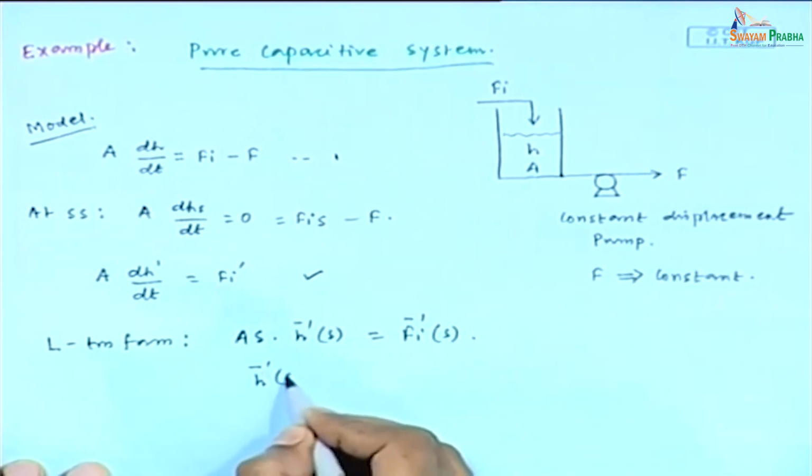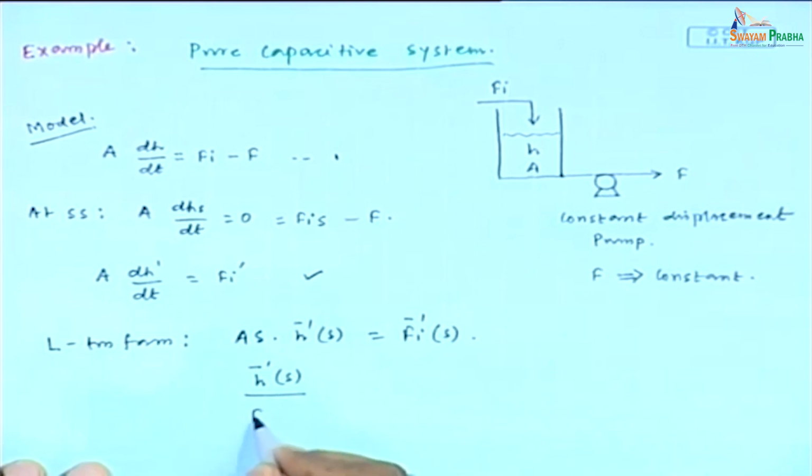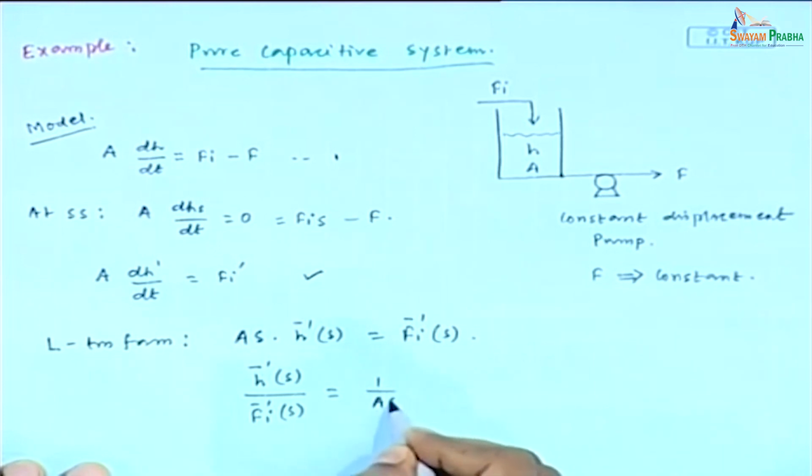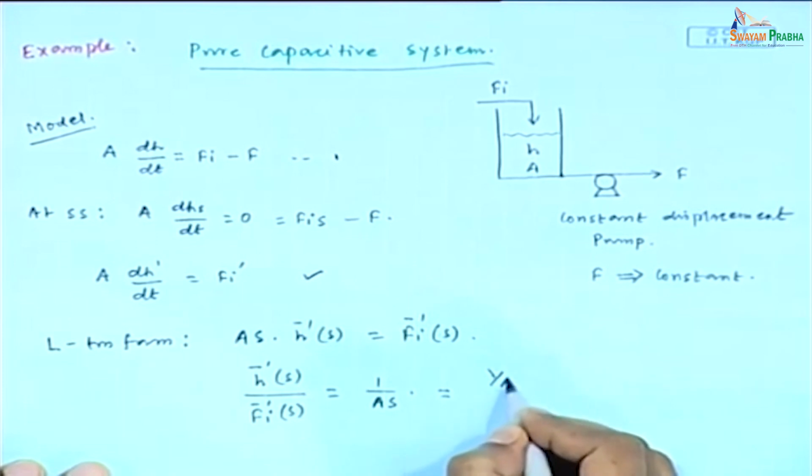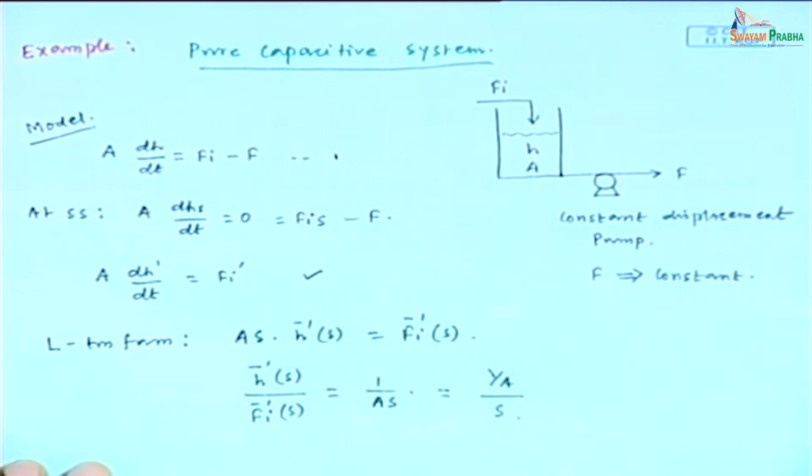So, H bar prime S divided by F I bar prime S equal to 1 divided by A S. That means 1 divided by A whole divided by S. If we write in this form K p prime by S, then here K p prime is 1 by A. This is one example of pure capacitive process. Fine.